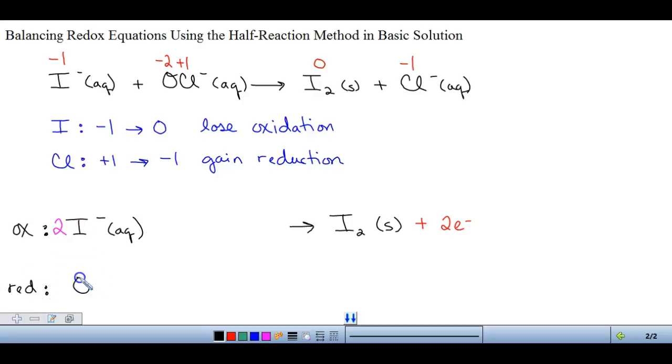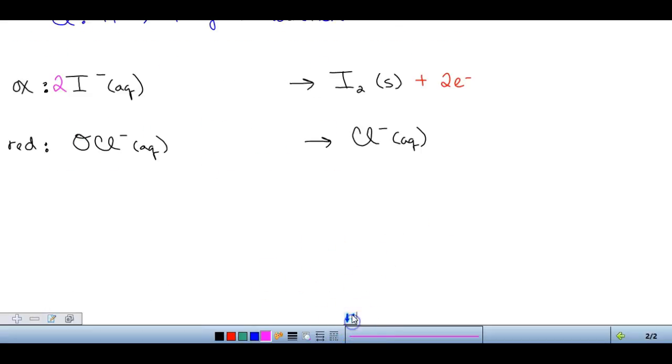We've got the hypochlorite ion, going to chloride ion. Again, I'm going to leave some space. Okay? So nothing to balance with the chlorine atoms because they are the same. However, we now have to start taking care of the oxygen.